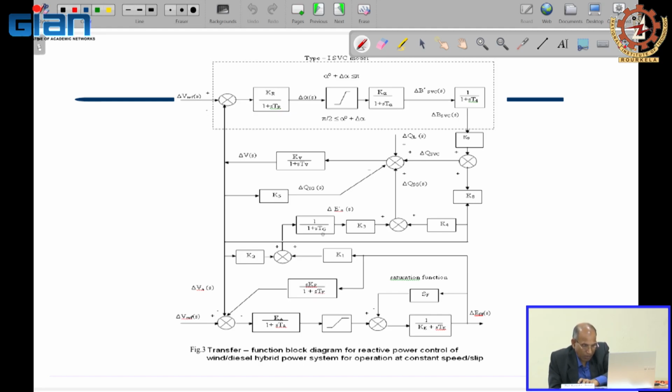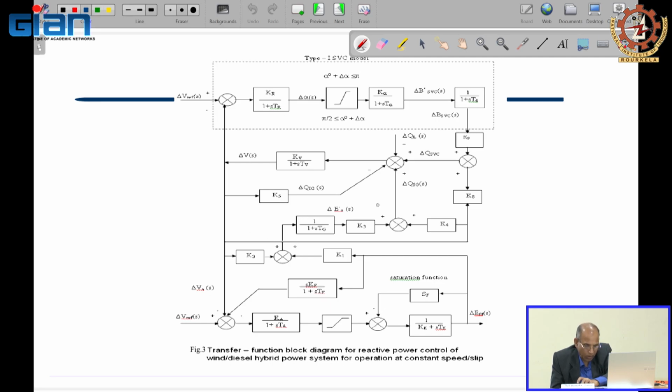I will mention a little bit; for example, here you have got your reactive power support device, the static VAR compensator. Then you have got here your synchronous generator. All these mathematical equations we developed.